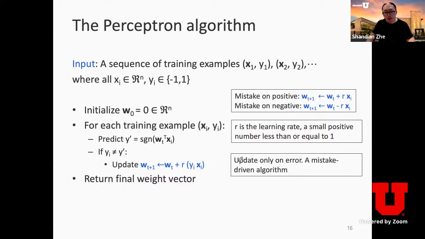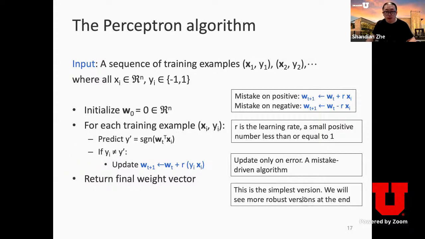A third observation is that this is a mistake-driven algorithm, because it updates only on error. If your yi is the same as the prediction y prime, we do nothing. We just switch to the next example, make a prediction and check again. This is why it's called a mistake-driven algorithm. Finally, a note: this is the simplest version, and we'll see more robust versions at the end.